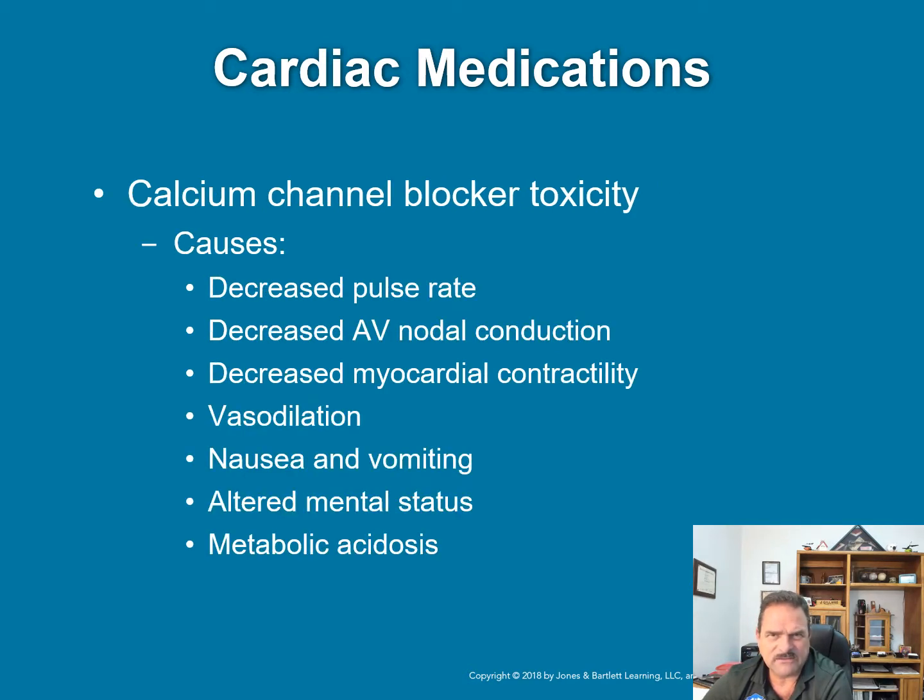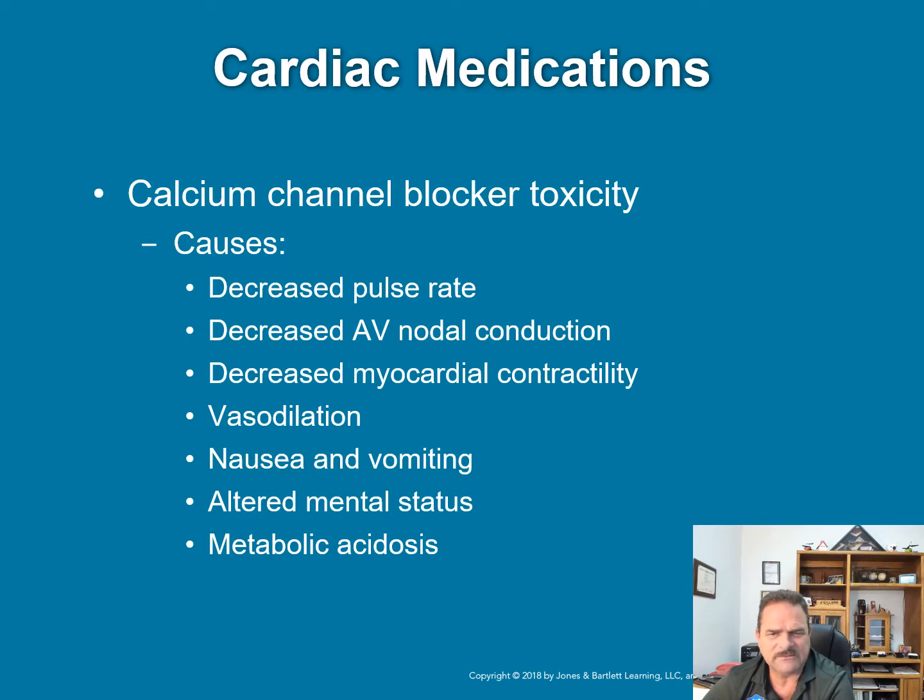Calcium channel blocker toxicity may present with the following: decreased pulse rate, decreased AV nodal conduction, decreased myocardial contractility, vasodilation, nausea and vomiting, altered mental status, and metabolic acidosis. IV calcium chloride or calcium gluconate is the initial treatment. Do not miss this.